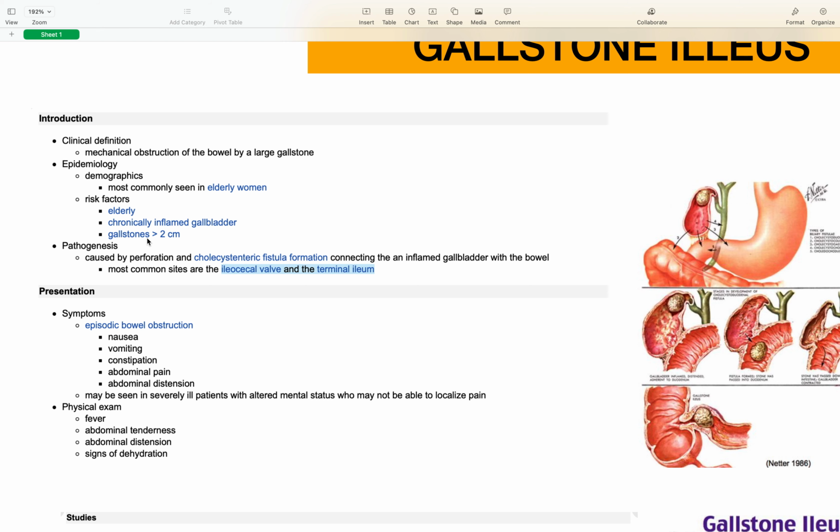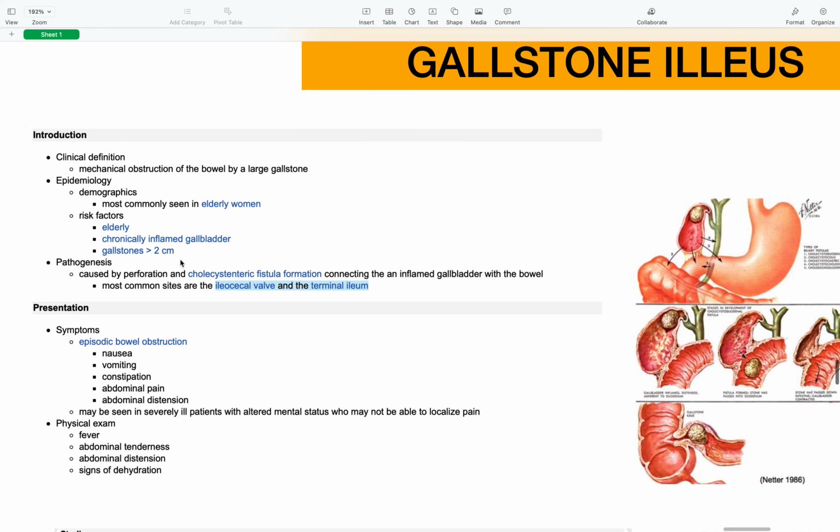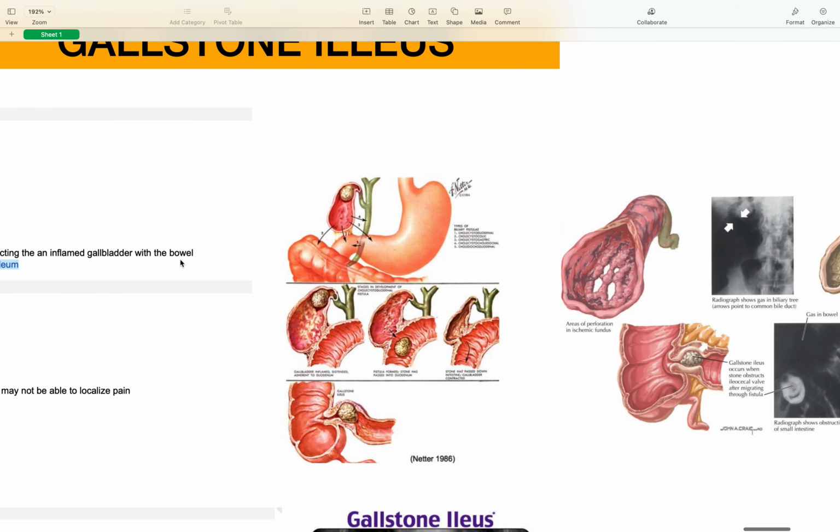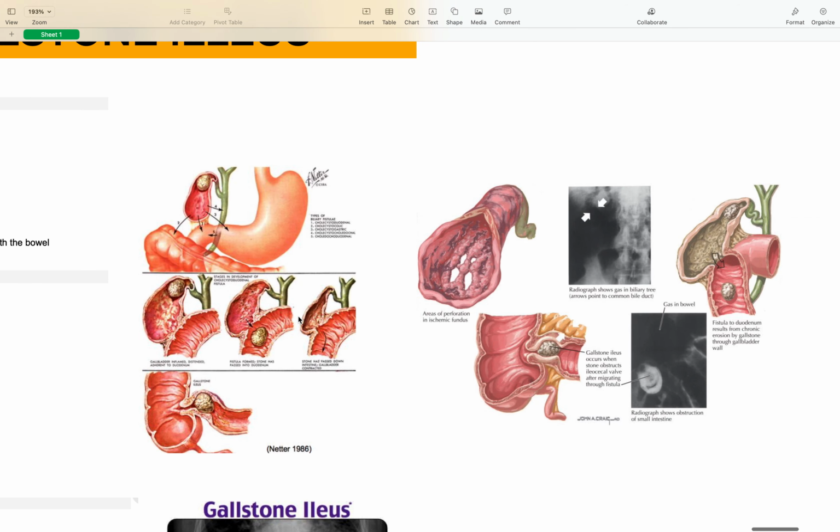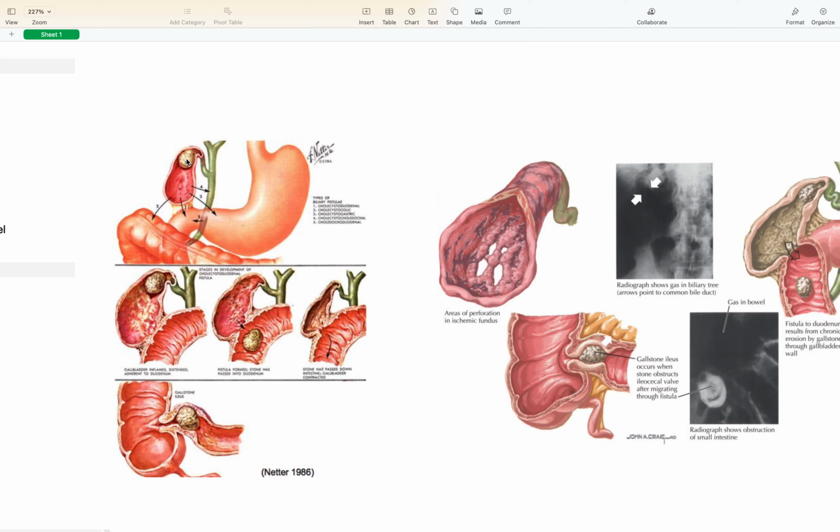Okay, so what is the pathophysiology of gallstone ileus? If you see the picture here, there is a gallstone present chronically in the gallbladder. Now this results in perforation of the gallbladder wall due to chronic infection or inflammation.